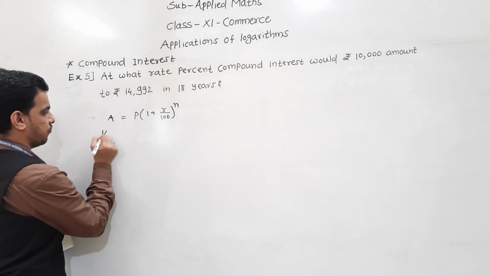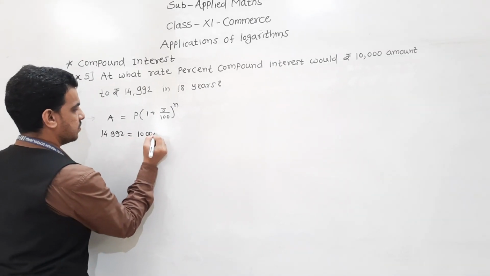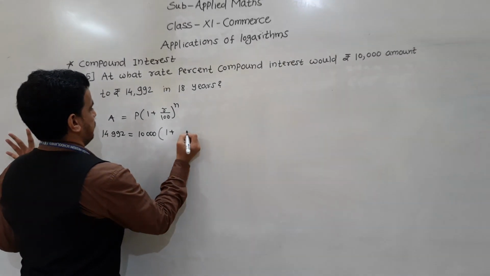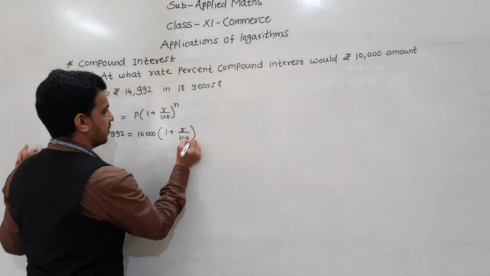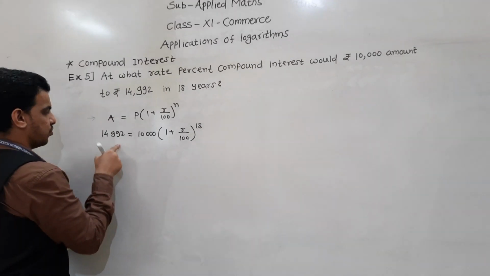So amount is given 14,992, principal is 10,000, 1 plus r upon 100 raised to n, n is given 18. So this 10,000 we have to divide here.